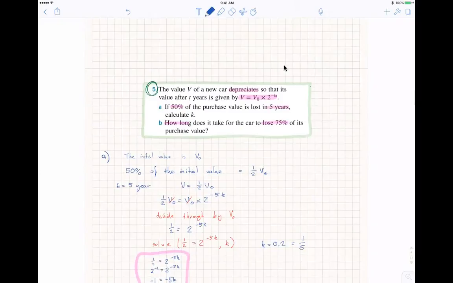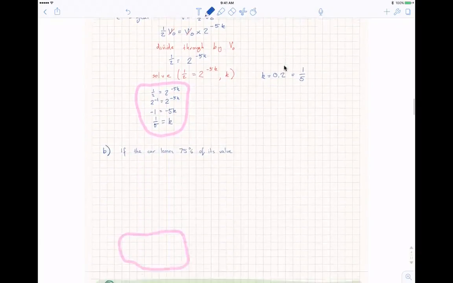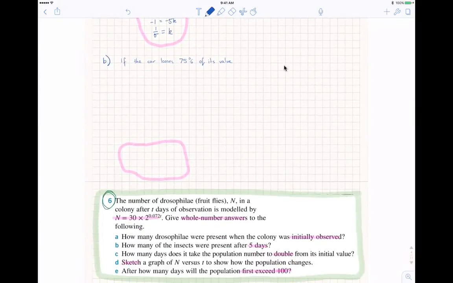Part B, how long does it take for the car to lose 75% of its purchase value? So if it loses 75% of its purchase value, then its value will be only 25% of its initial value, or a quarter of its initial value.